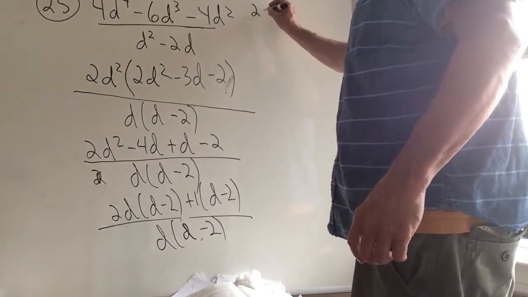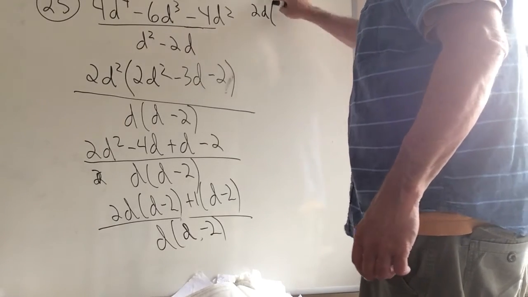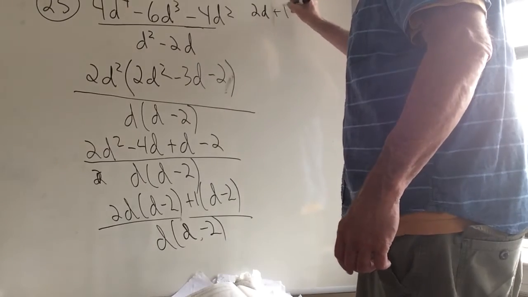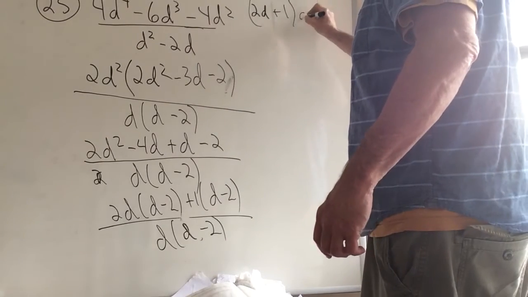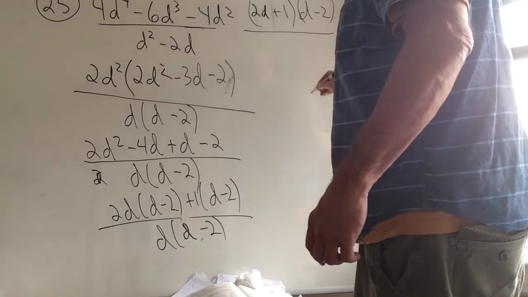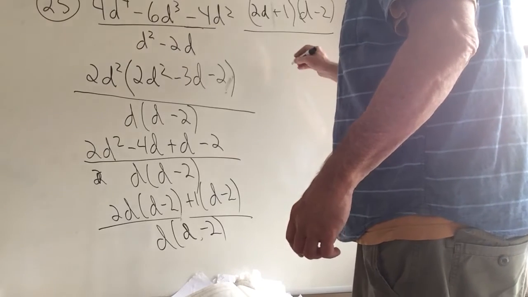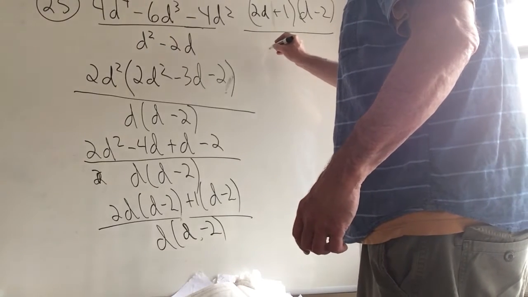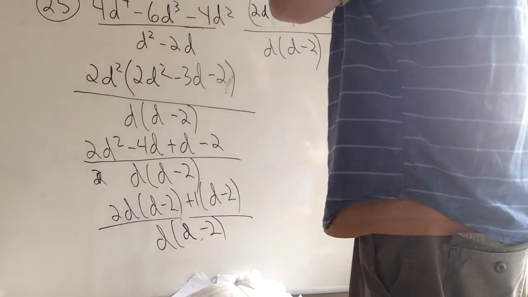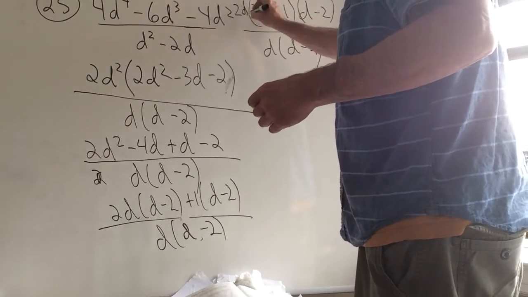I have 2d times d times 2d plus 1, times d minus 2 divided by d times d minus 2, okay? And outside of this whole thing, of course, I have the 2d squared.